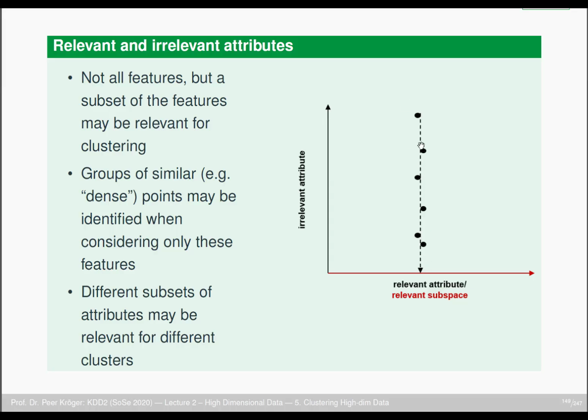Yeah? We want to have clusters as a group of objects that are similar to each other. So if you project them on this axis here, on the x-axis, they are extremely similar to each other. So they are a kind of cluster.